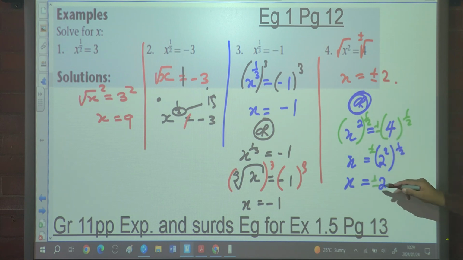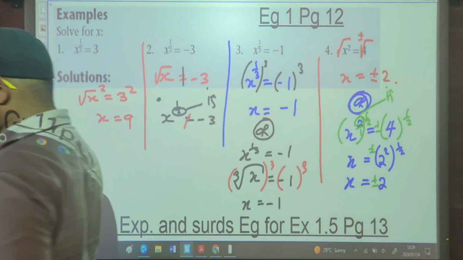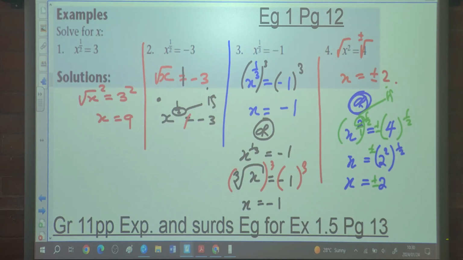So the rule says, if the numerator is even and I raise the exponent to its reciprocal, add plus minus to the other side.